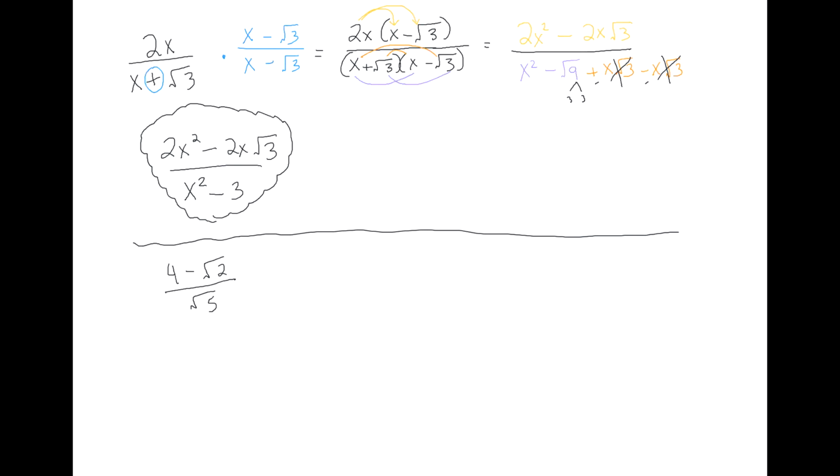4 minus square root of 2 over square root of 5. What I'm going to multiply by to fix it: square root of 5 times square root of 5, square root of 5 over square root of 5.